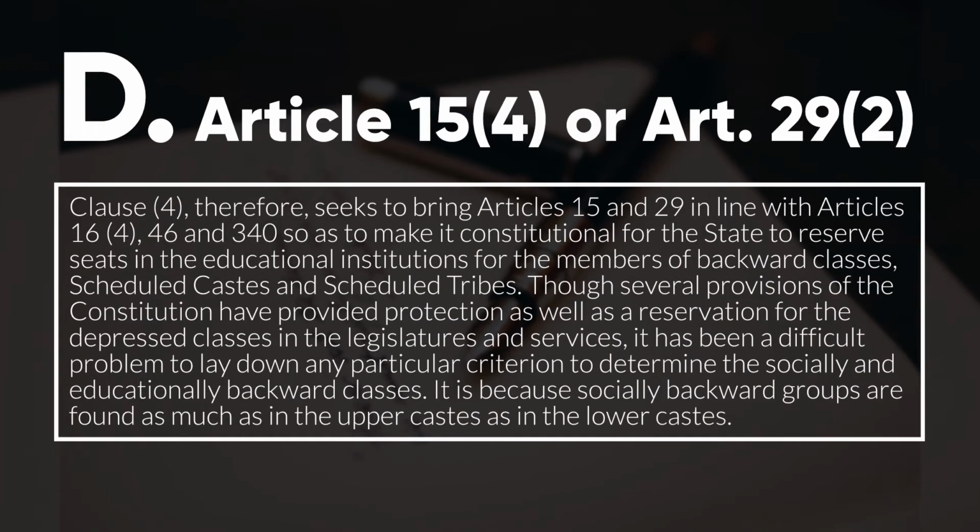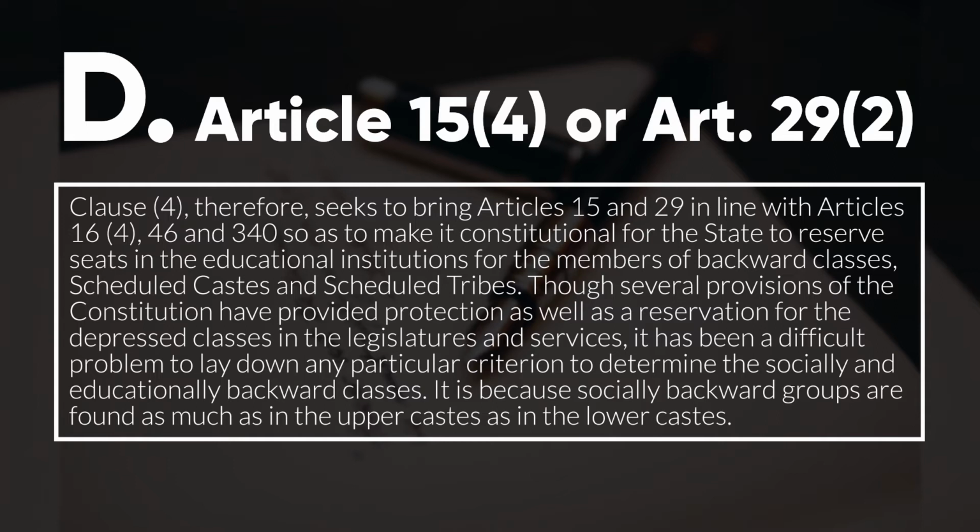Clause 4 therefore seeks to bring Article 15 and 29 in line with Article 16(4), 46 and 340 so as to make it constitutional for the state to reserve seats in the educational institutions for the members of backward classes, scheduled castes and scheduled tribes.